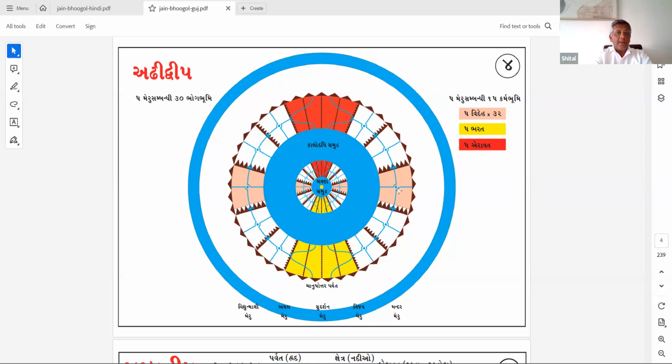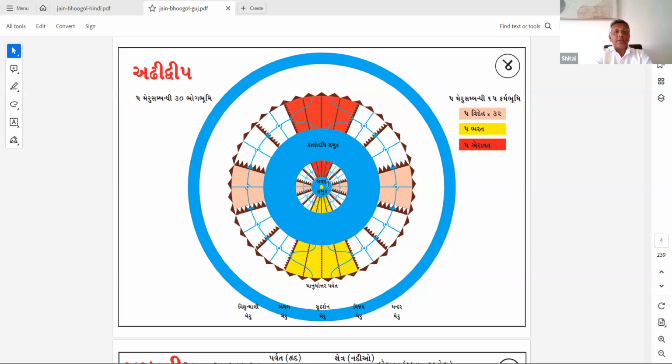Jaganya, Madhyam, Uttam. So once you understand Jambudweep, this is exactly the same formation, but in Jambudweep, the mountains run across from the east to the west, but they don't do so here. They run from the Manushudar Parvat to the Kalodadhi Samudra here. Then here inside, they run from the Kalodadhi Samudra to the Lavan Samudra.